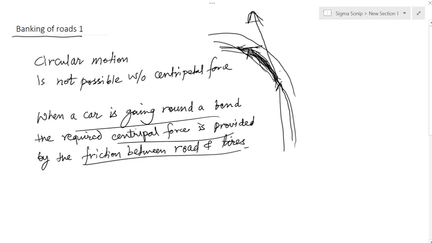And just as it happened in the case of icy roads, if the friction provided is not enough, then you don't have enough centripetal force, which means you will not be able to make the turn.